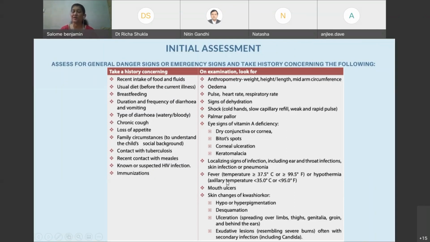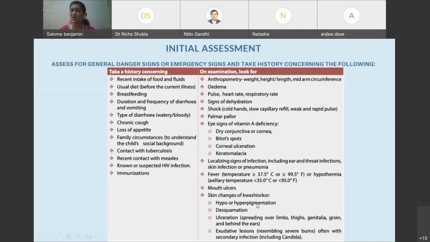Temperature, very important. You must know what is the minimum temperature on the thermometer, because these children will have a temperature of 35, less than 35. They will have hypothermia. 3H, you must remember, as we go along, we will see the other: mouth ulcers, skin changes.